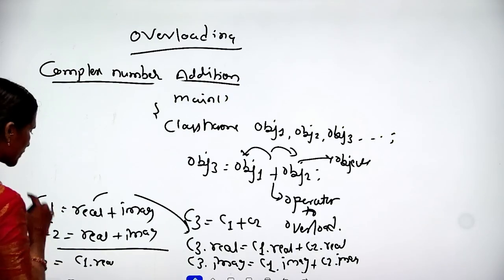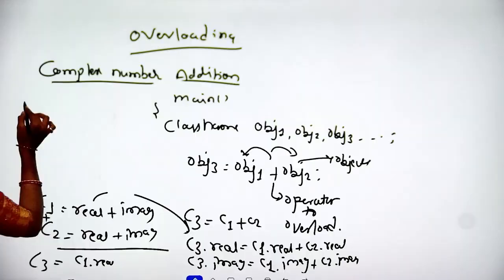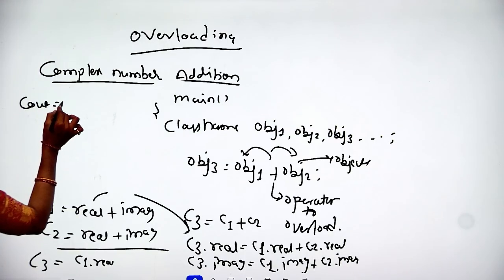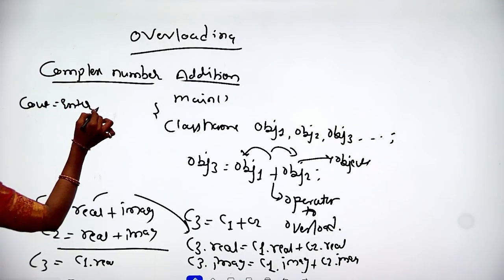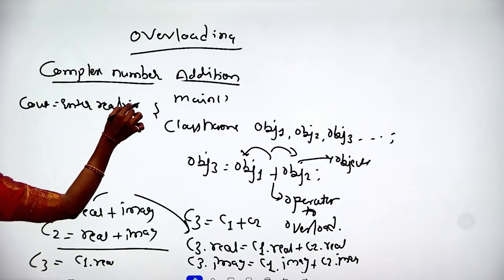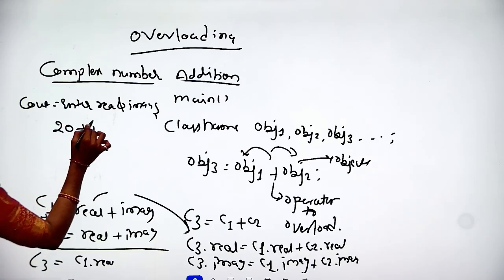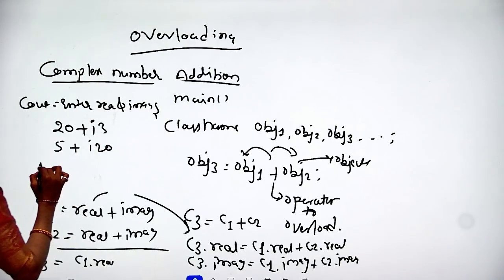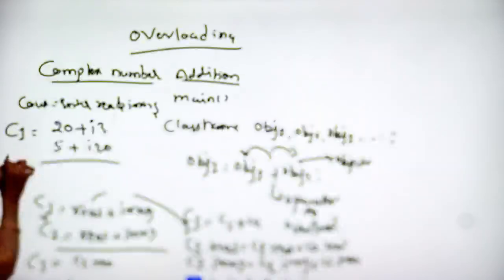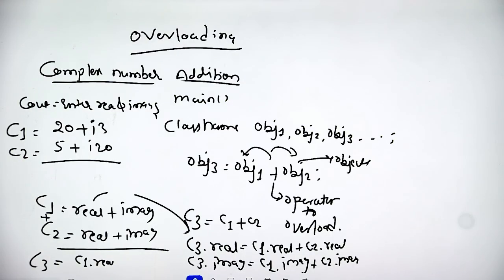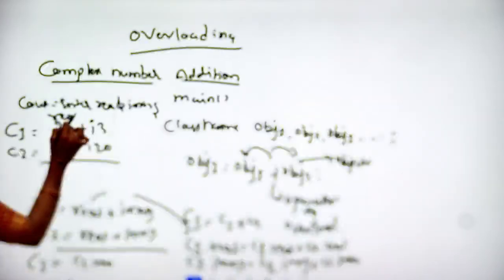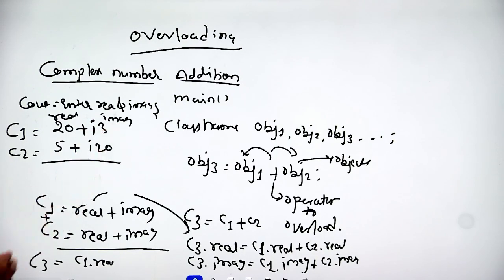So here it works on the object. First you enter, with cout, the real and imaginary part for both. Here I have taken 20 plus i3 and 5 plus i20. These are the C1 values, and this is the C2 object, which contains the real part and the imaginary value.